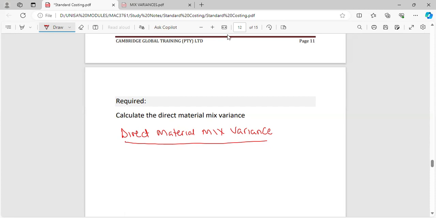So our formula is going to be actual quantity in standard mix proportion, minus, sorry, it's not times, it's minus actual quantity.